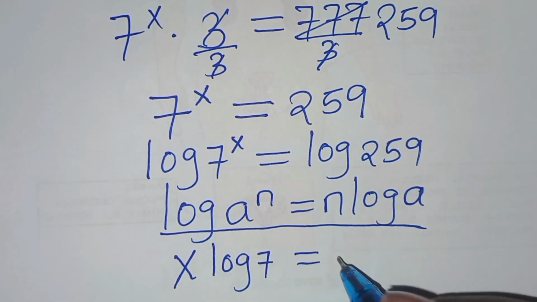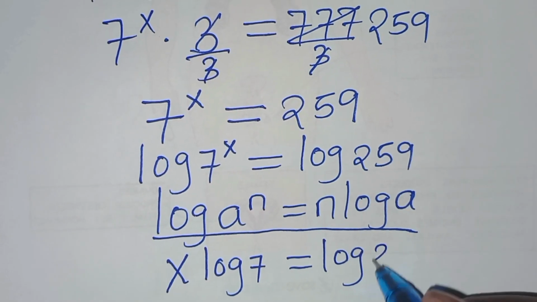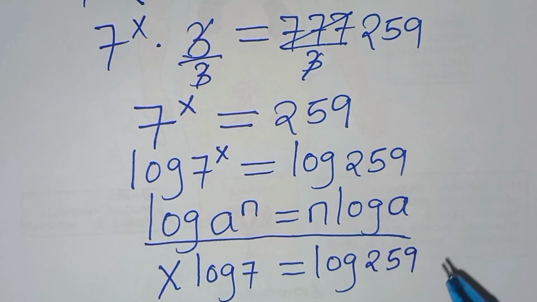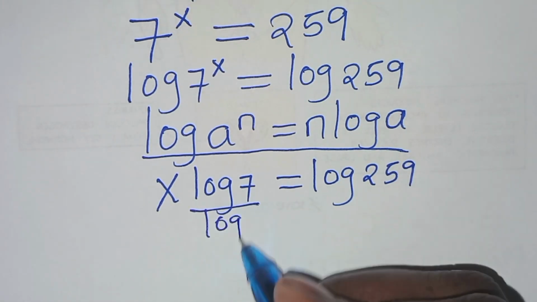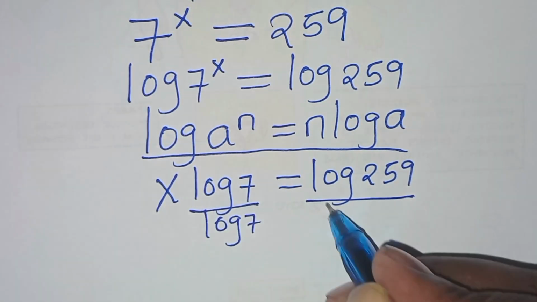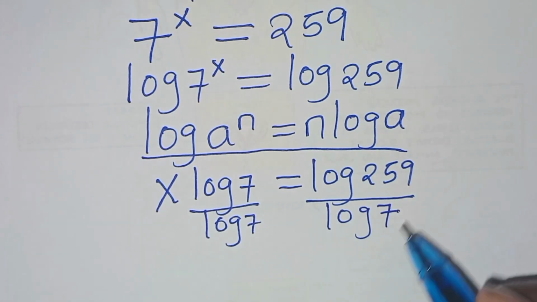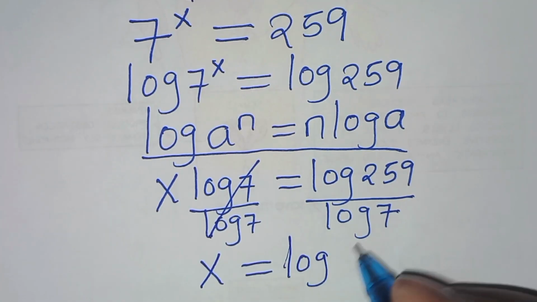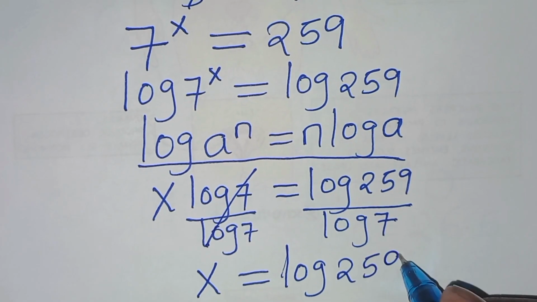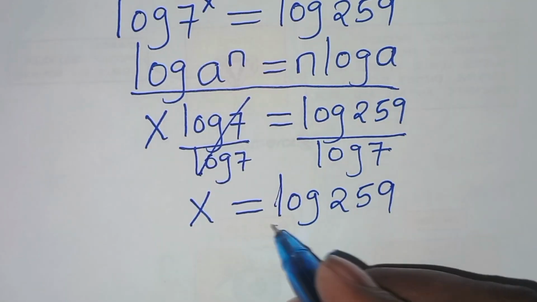This is equal to log 259. Let's divide both sides by log 7, so that x is equal to log 259 divided by log 7.